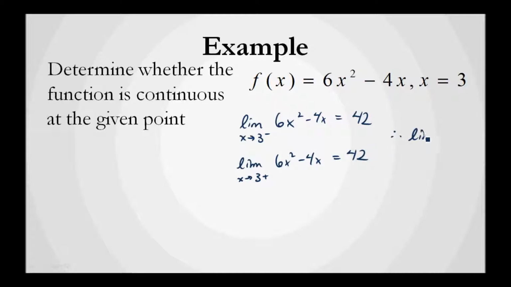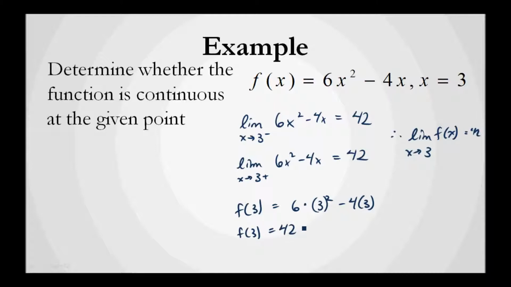Therefore, the limit of f of x as x approaches 3 equals 42. f of 3 equals 6 times 3 squared minus 4 times 3. f of 3 equals 42.